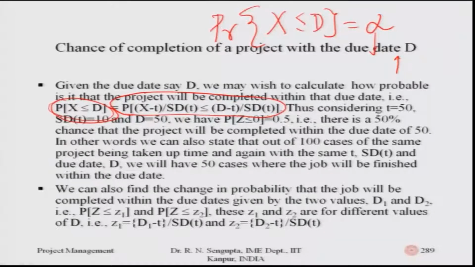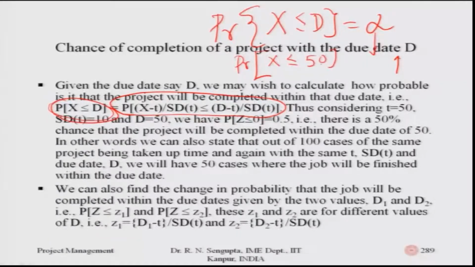Thus, considering t as 50, standard deviation as 10 and d as 50, we would have, considering that Z is the standard normal, how it came about is exactly this: probability of x less than or equal to 50.